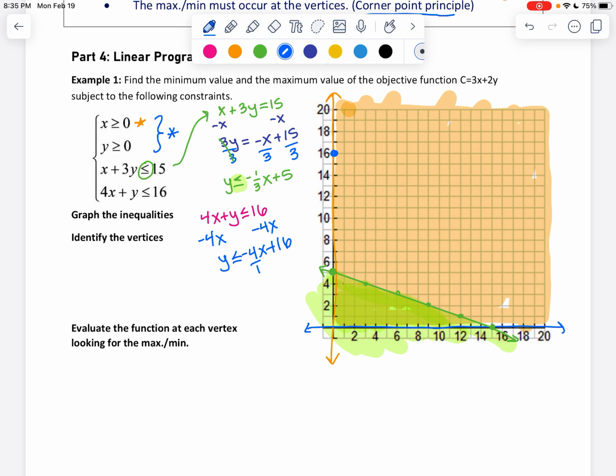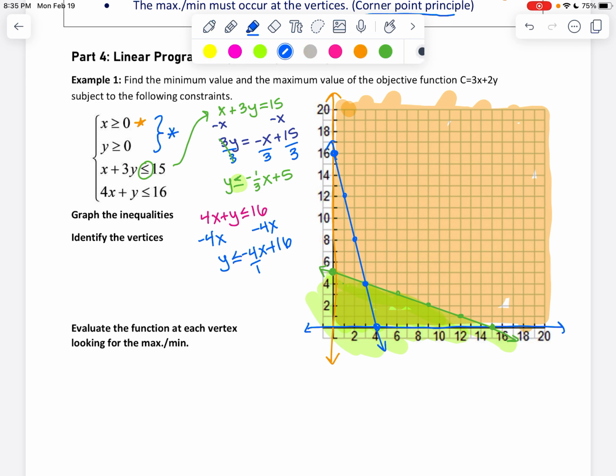So 1, 2, 3, 4 over 1, and again, and again. See how that's intersecting there? That's awesome. 1, 2, 3, 4 over 1, because that's going to give us a really accurate corner point for the corner principle. So I'm going to go ahead and finish that and do some shading.